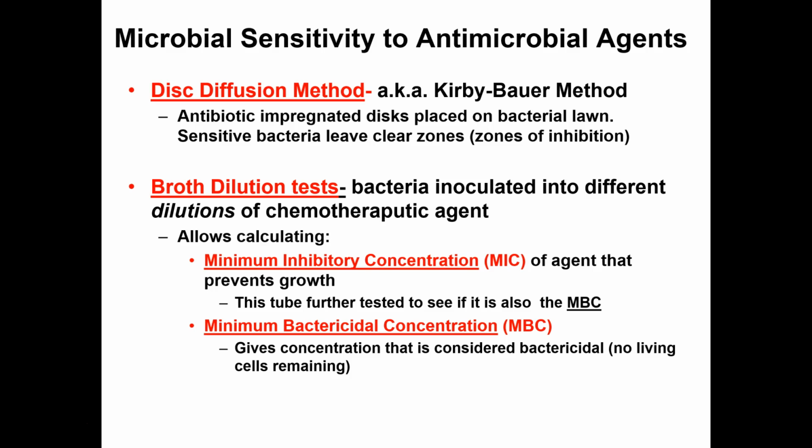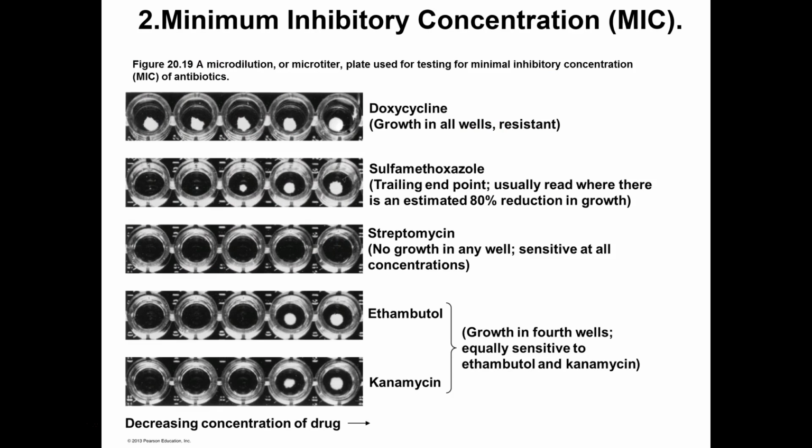So was the least amount required to slow growth versus the least amount required to stop growth. So this is a modern take, and I've never done it this way. I may switch diagrams back at some point. But this is a more modern take on a broth dilution test. So this is how it works.